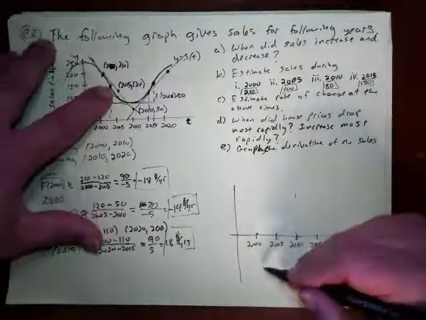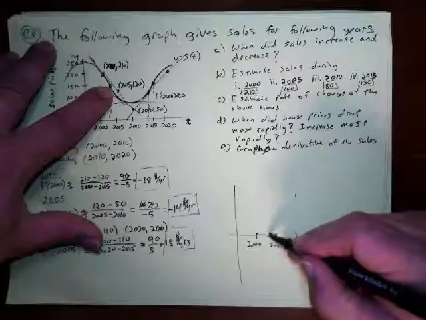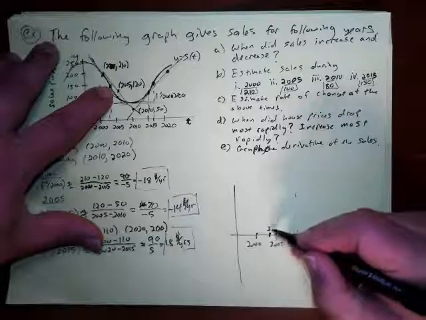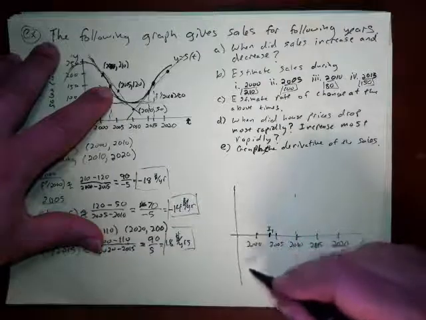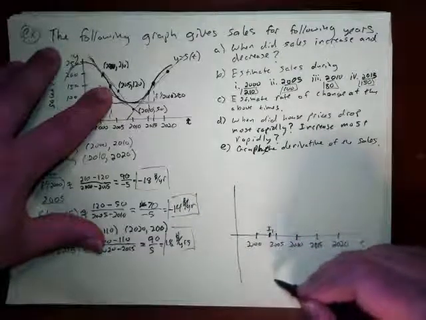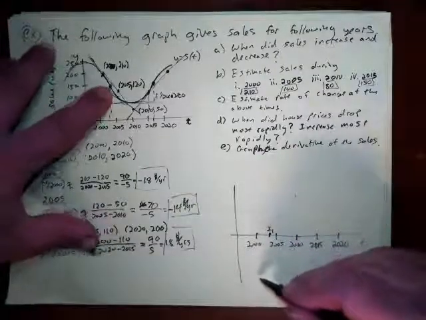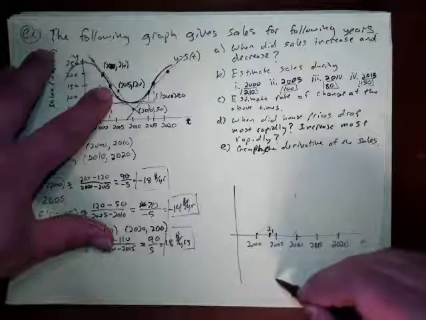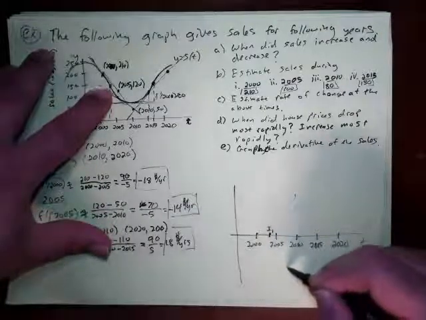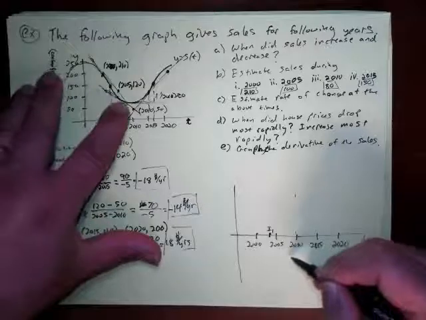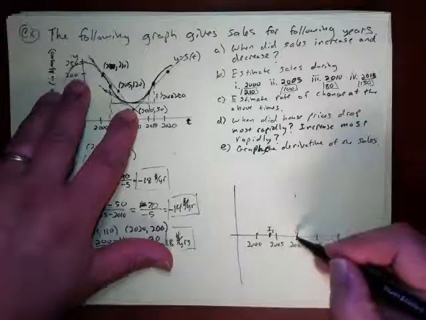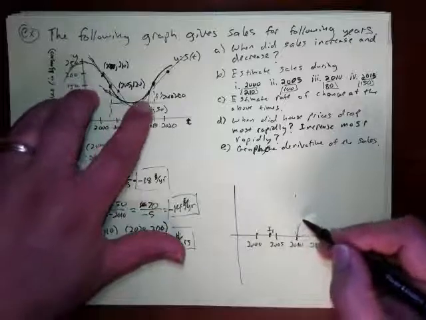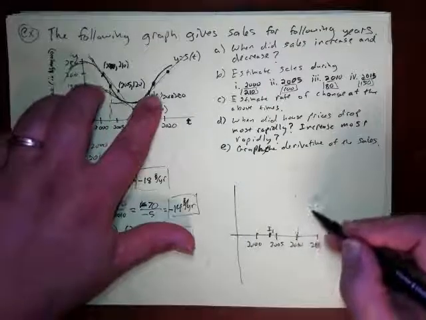But when you reach this point here, this is the first inflection point, I1. That's where it gets the steepest, where the sales is dropping the most rapidly. And then the rate of change at which it's dropping gets less and less until you hit 2010, and then it makes a turn, and then the derivative is positive.